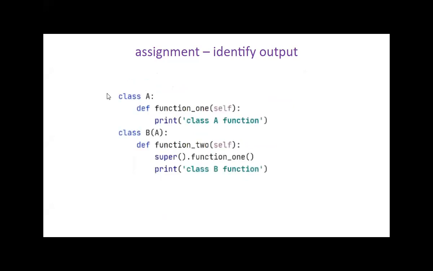Now you have to tell me the output of this code. Class A function and class B function.